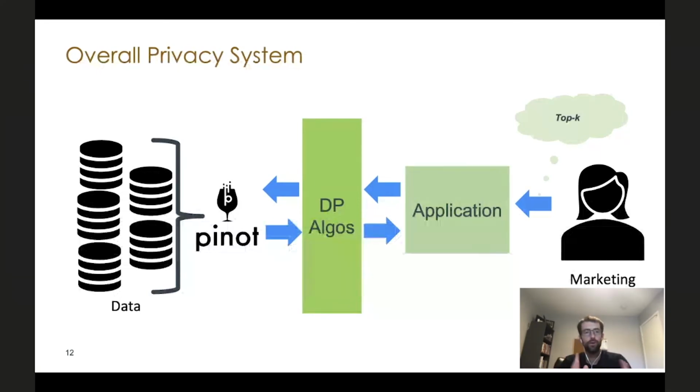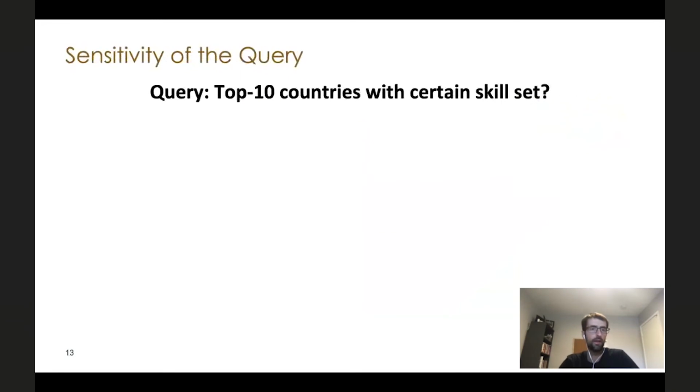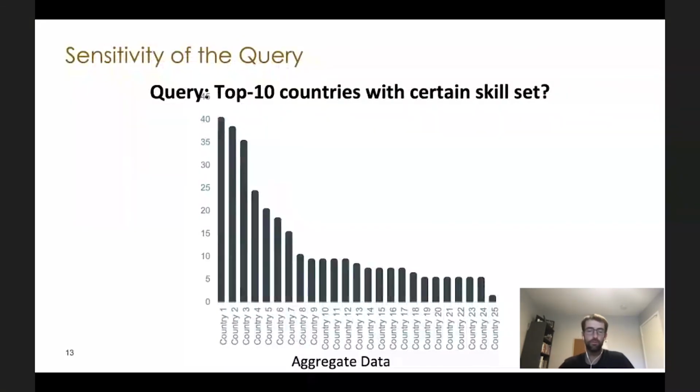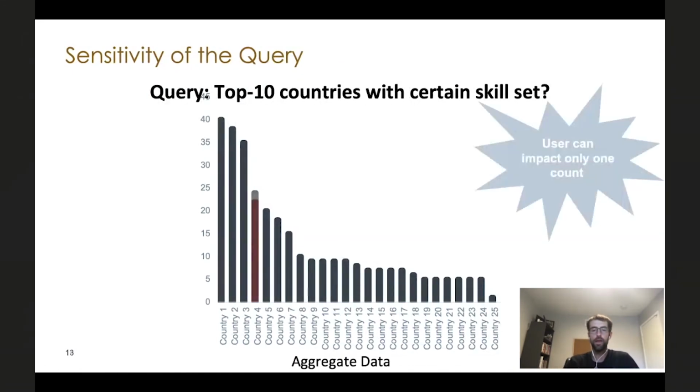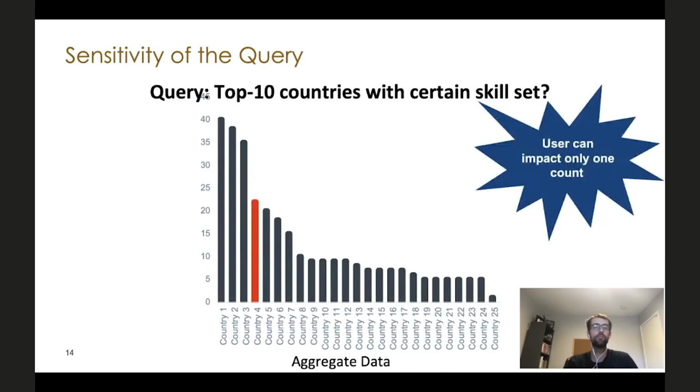Okay, so now I want to talk about sensitivity and how much one user can actually modify the results. For that, let's think of a particular query, such as what are the top 10 countries that have a certain skill set? Here might be the result from Pinot, this aggregate histogram that we can query for. And we ask the question, what happens if we were to take one user out of the data set? Well, one user can be in at most one country, so taking that user out can modify at most one bin.